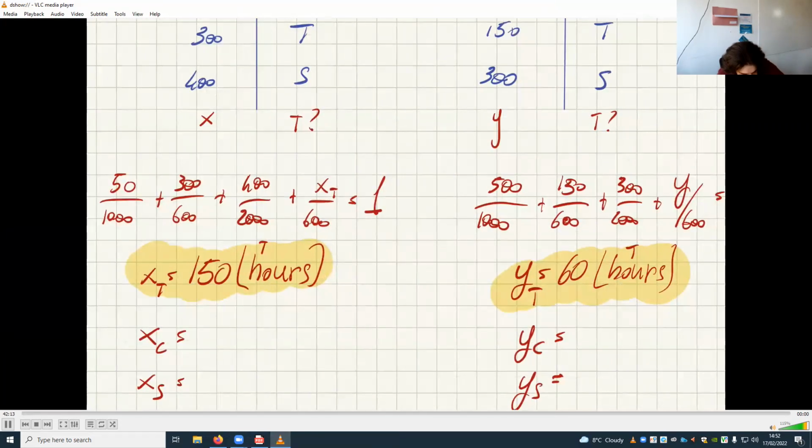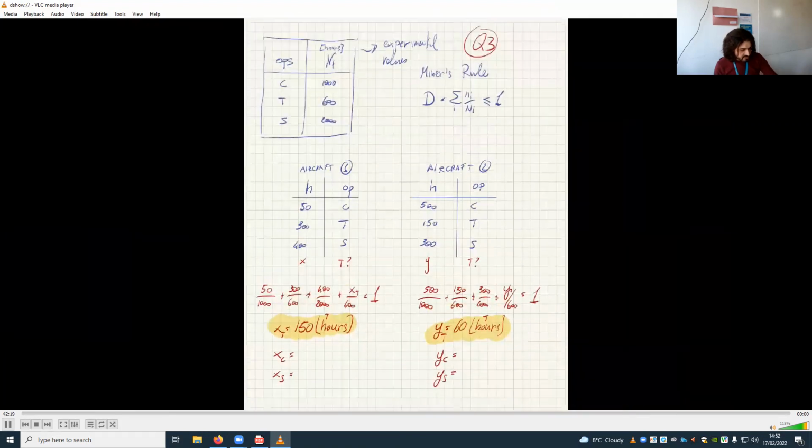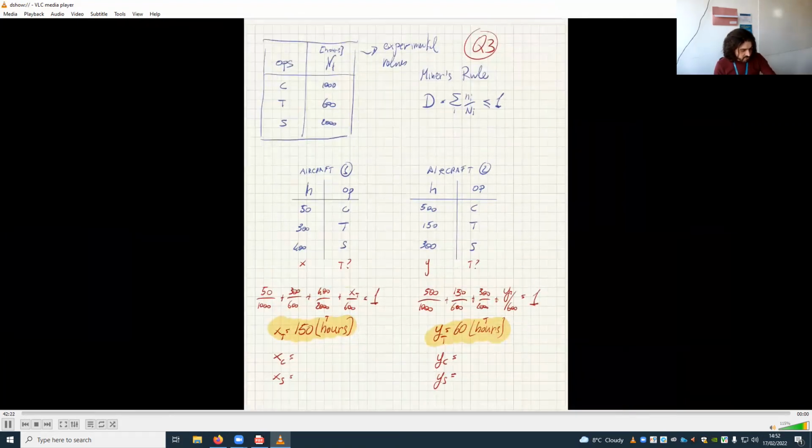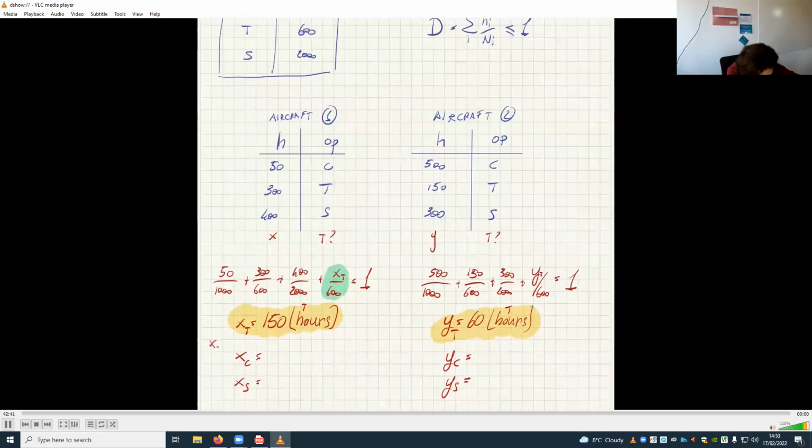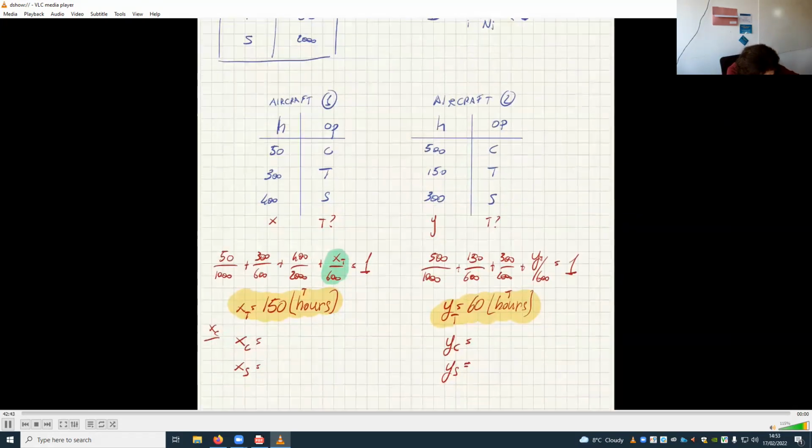It's just exactly the same, but you have to change XT with XC, and this 600, which was corresponding to T, you change it with 1000 here in order to get the other equation. So everything is the same, but this last term, let me highlight this in green, is XC over 1000.